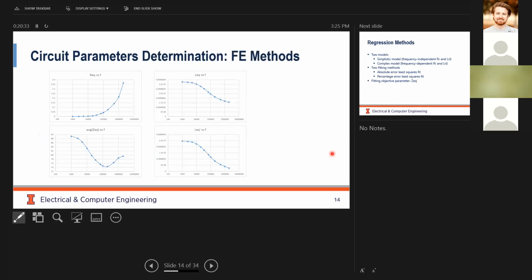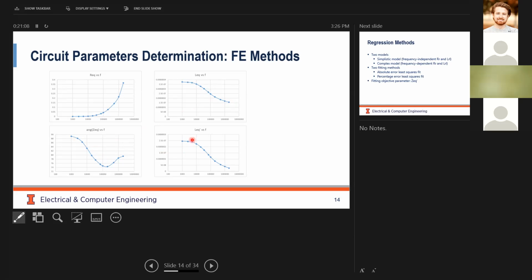Okay, so these three curves show how the equivalent circuit impedance changes with respect to the frequency. Basically, REQ, which is the real component of the equivalent impedance, will rise with the frequency, while the inductance will drop with the frequency.